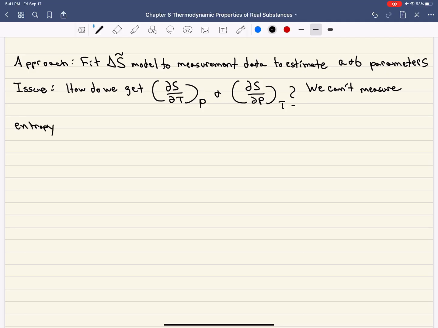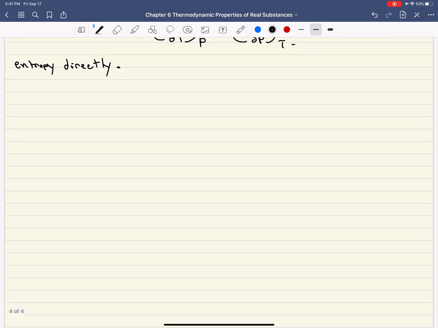We don't have any sort of device or instrument that, if we pointed it at the gas, would just tell us entropy is equal to X. So we can't measure entropy. What we can measure, though, are things like pressure, volume, and temperature. Things that we can measure, we call measurables or observables.